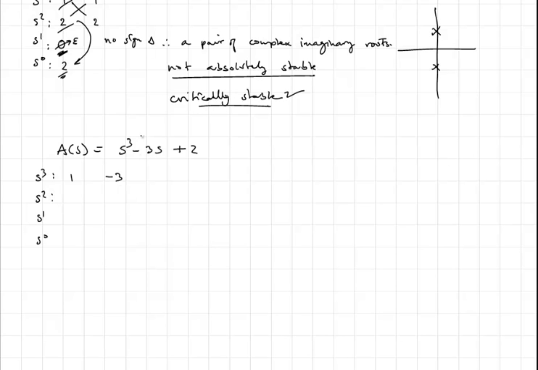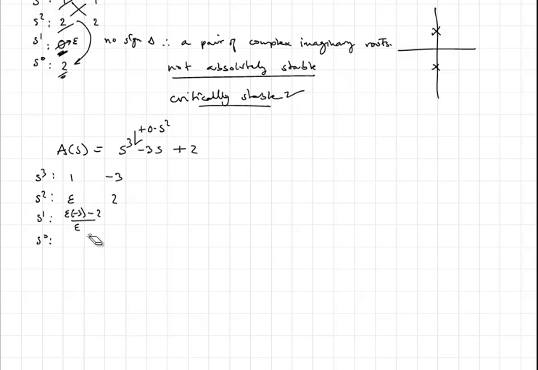We could actually write in here plus 0 times s squared. So we put a 0 here, and then we have 2. Now because we have a 0 in the first column, what we need to do is, again, replace that with epsilon, and now we proceed. So we have epsilon times minus 3 minus 2, divided by epsilon.